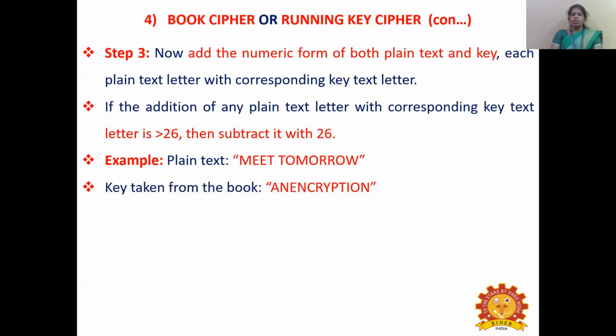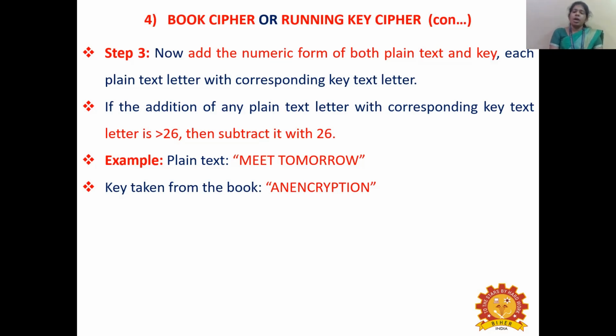As I already told, your plain text is meet tomorrow. How many letters are there? You have to first count. The number of letters in your key must be equal to the number of letters in your plain text. Meet tomorrow: 1, 2, 3, 4, 5, 6, 7, 8, 9, 10, 11, 12. So 12 letters are there in your plain text.